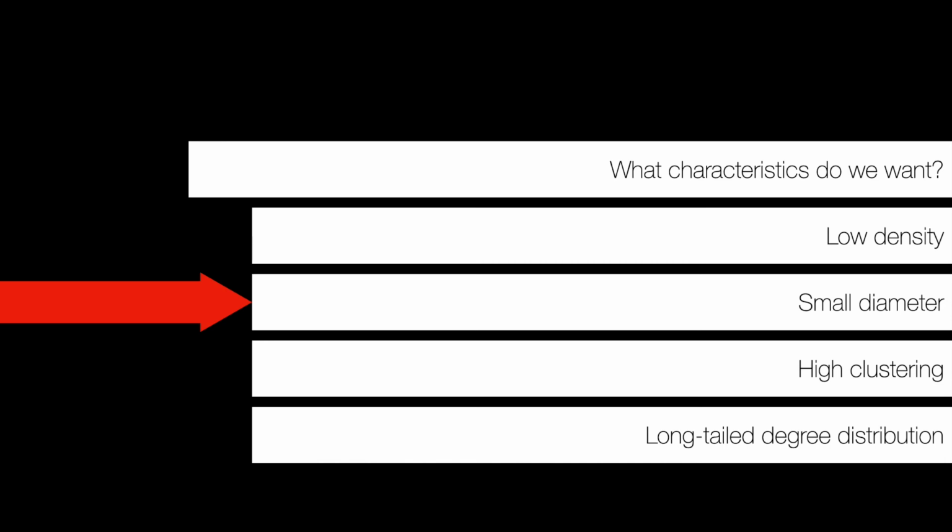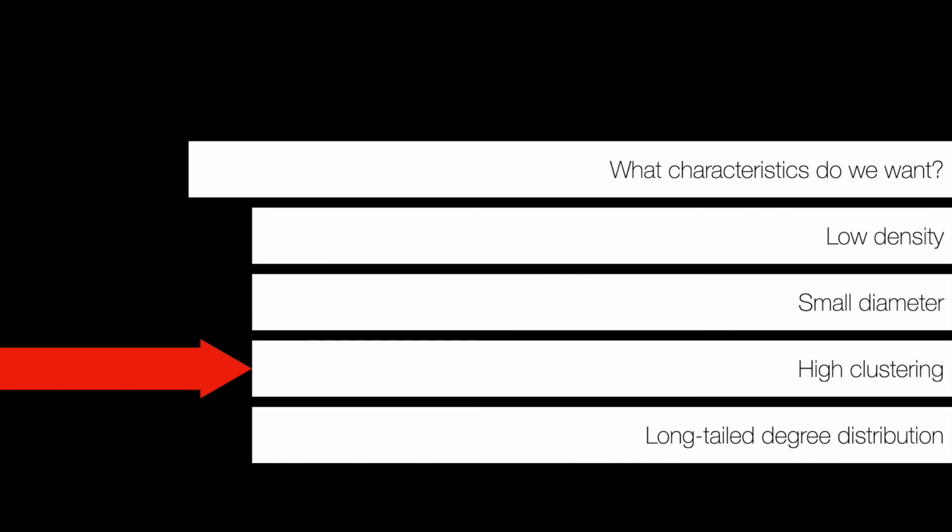It maintains a small diameter because, again, we start off with an ER graph and most random nodes are coming in and connecting to these hub nodes with high degree, meaning that these hub nodes allow us to have quick and short paths from one node to other nodes.